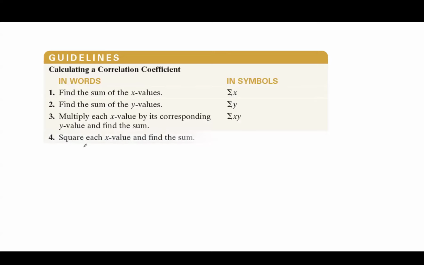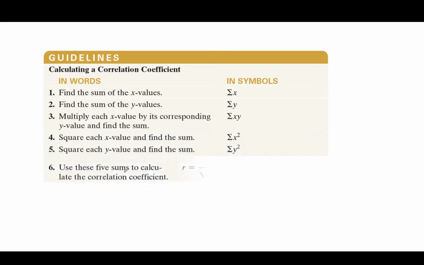Step 4, square each x value and find the sum, the summation of x squared. Number 5, square each y value and find the sum, the summation of y squared. Use these 5 sums to calculate the correlation coefficient that we talked about in the previous slide.